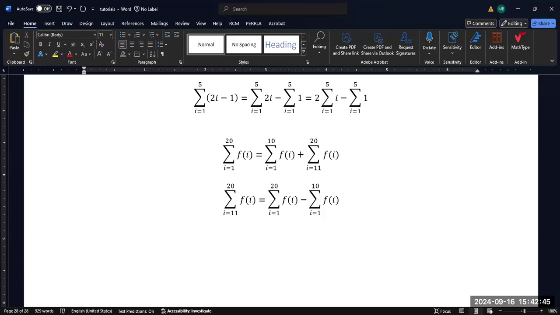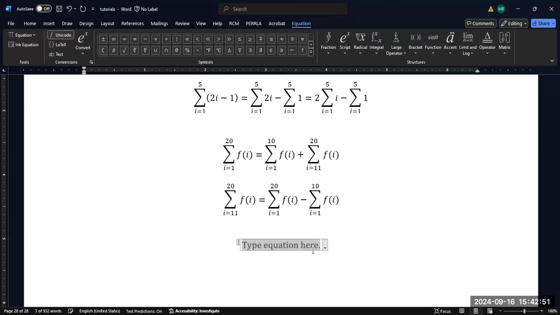Now, one other thing that I want to bring up in here is resetting an index. So another strategy for starting at a different value is this: maybe you have a bunch of sums that you want to add together, and they're not all starting at the same index. So in order to add them together and combine them, you need to make them start at the same index.